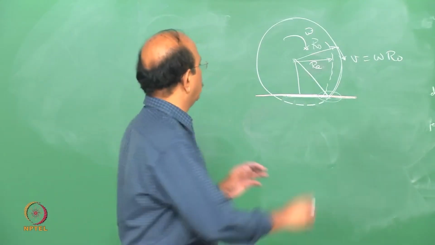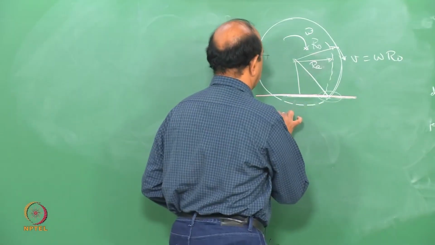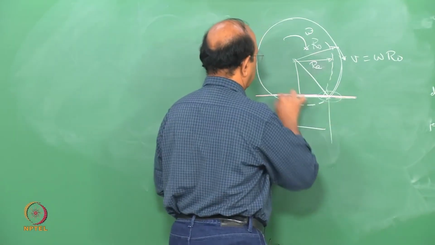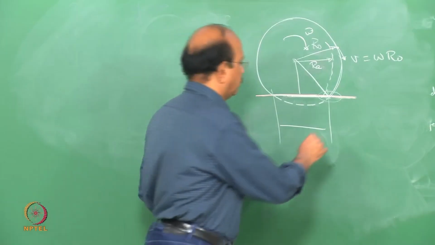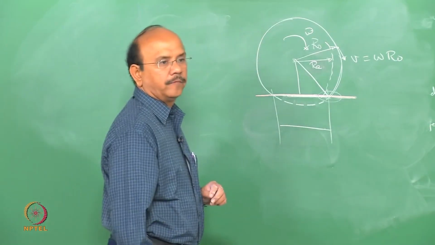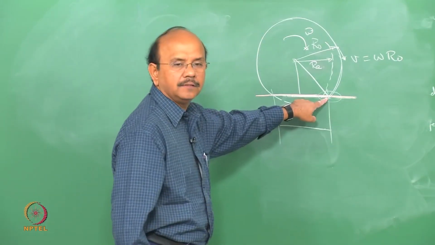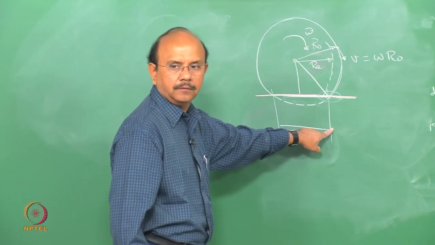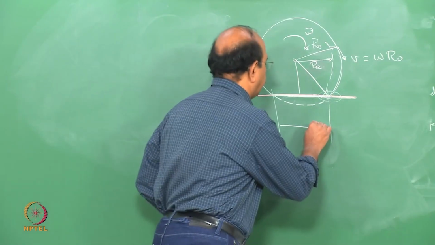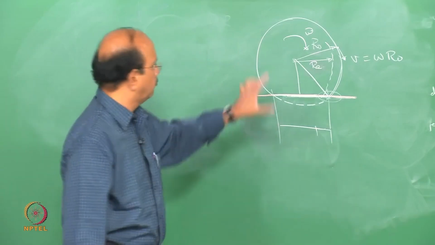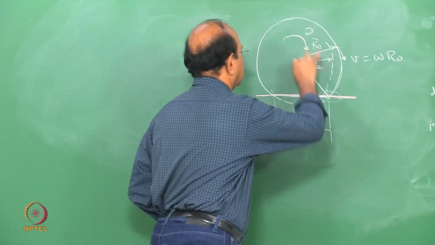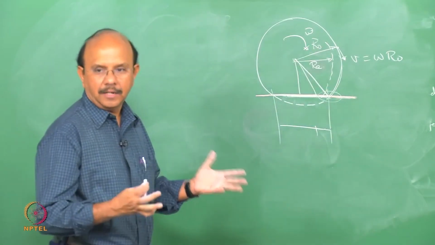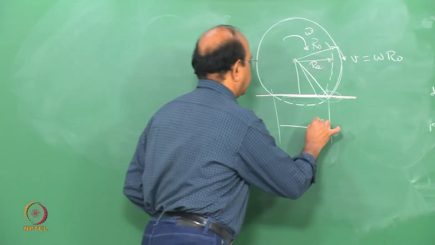So there is a region, let's just take this line. When I just hit the ground, I am at R naught. Somewhere at this point, my radius is equal to RE.